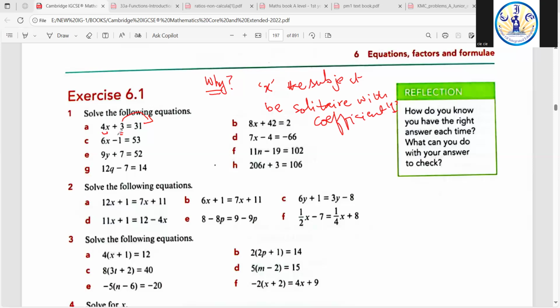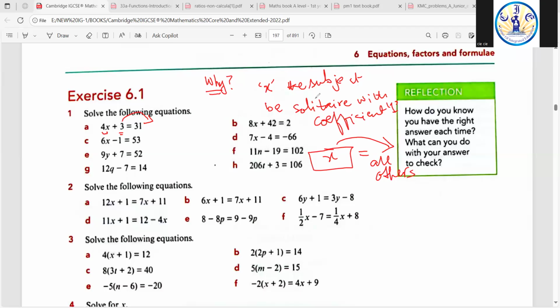You need to make x a separate and only one variable retained on one side of the equality, and you need to shift all other terms, all other variables, everything else to the other side of the equality.